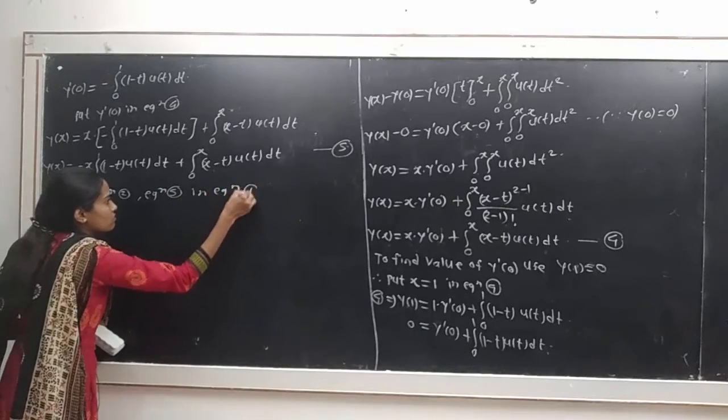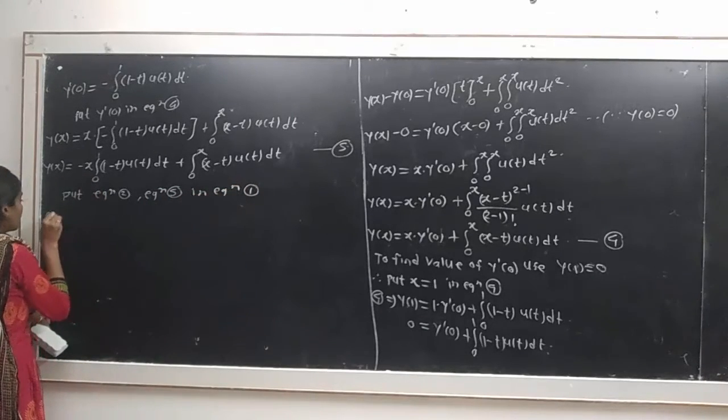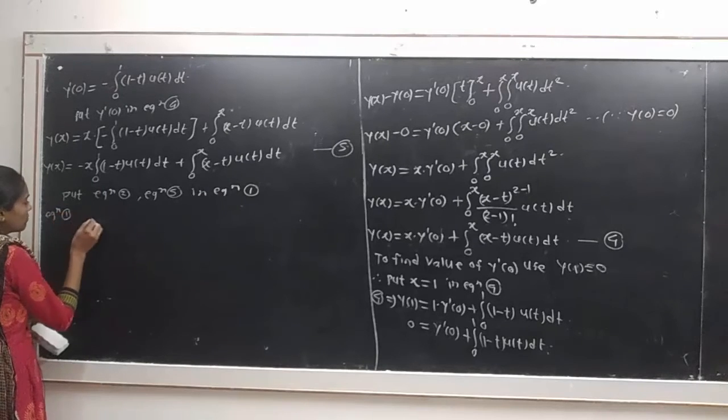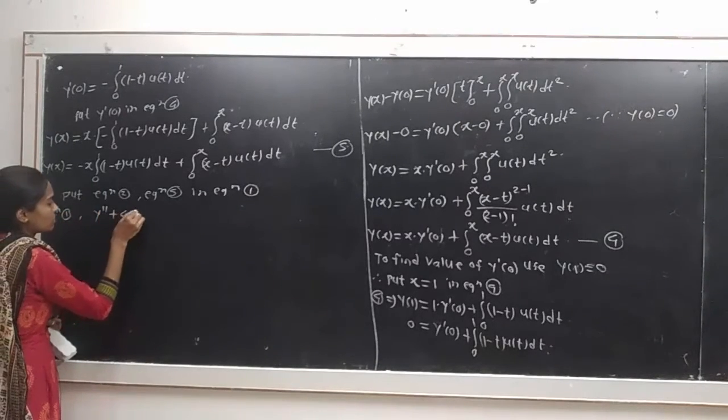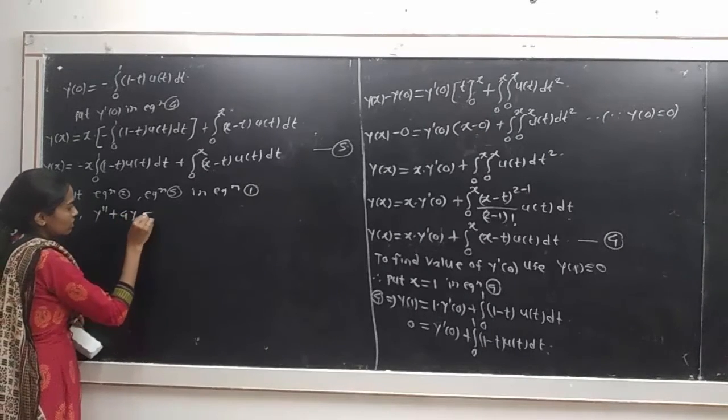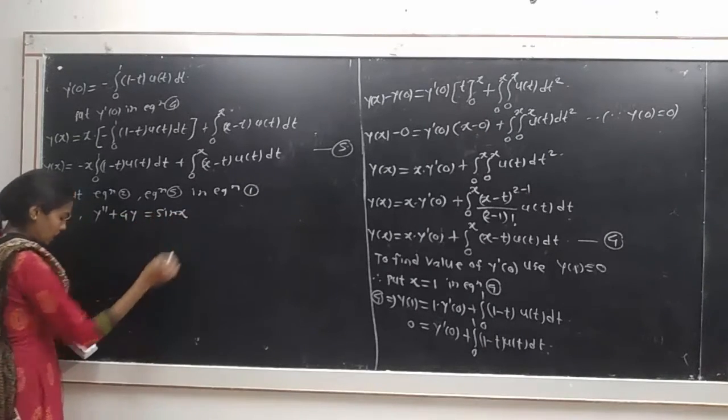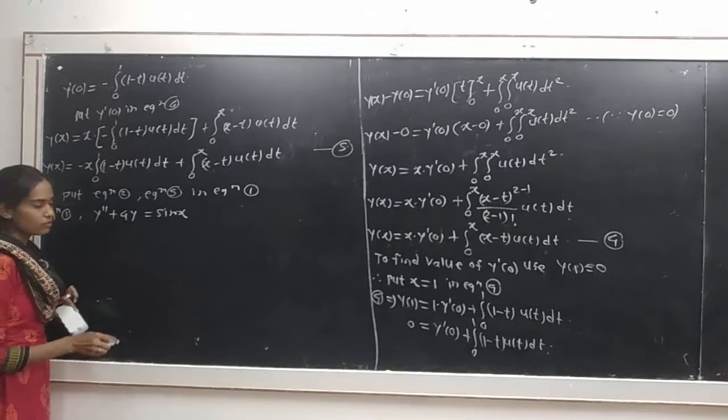equation number 1. Equation number 1 first we rewrite, that is y double dash plus 4y is equal to sin x. We put here the values we get.